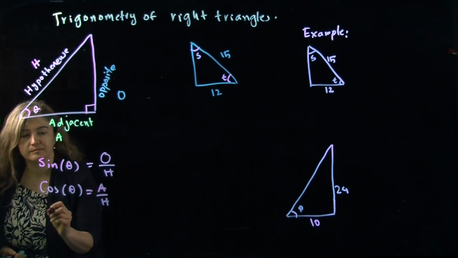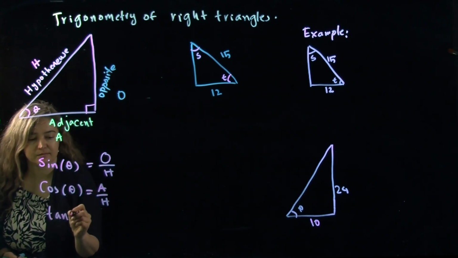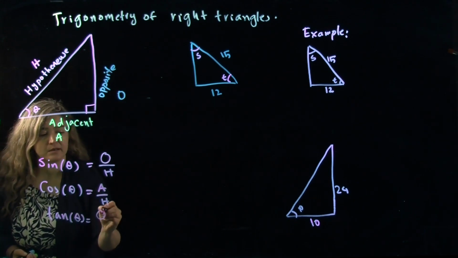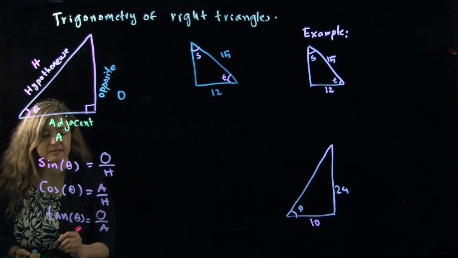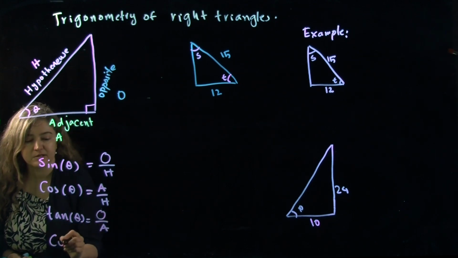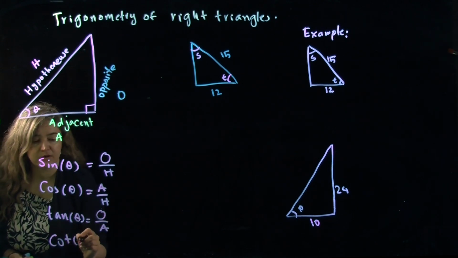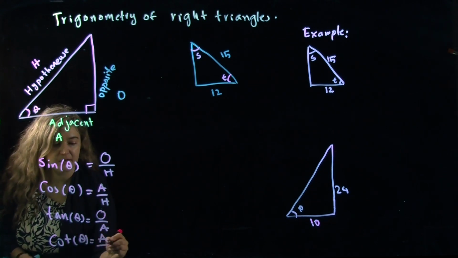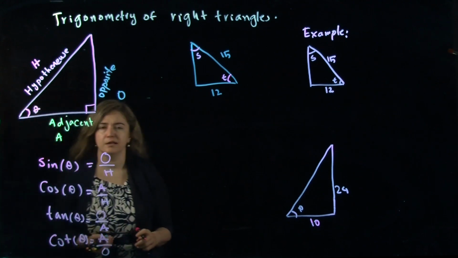Tangent theta is equal to opposite over adjacent. Cotangent theta is equal to adjacent over opposite.